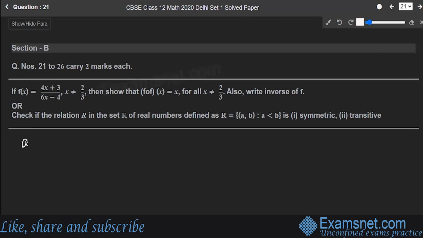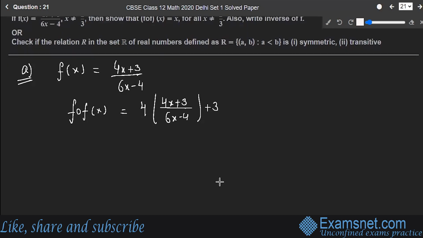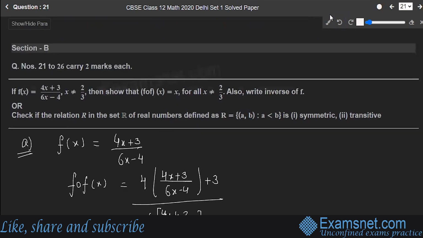You're given the function, let's say this is the a part, that f(x) is equal to 4x plus 3 divided by 6x minus 4. So f of f(x) is given by 4 into 4x plus 3 upon 6x minus 4 plus 3, whole divided by 6 into 4x plus 3 upon 6x minus 4 minus 4.